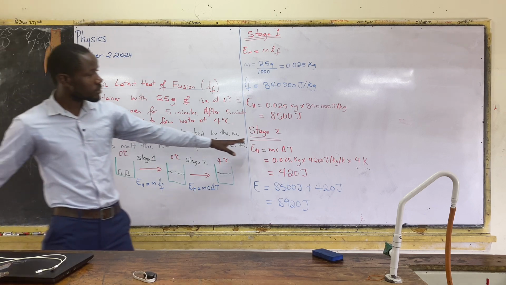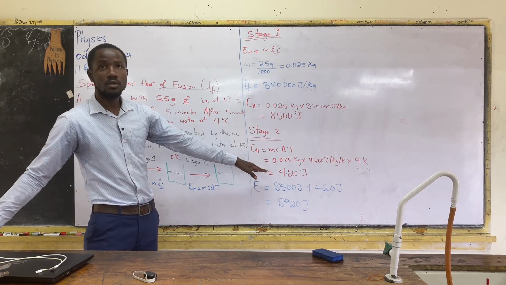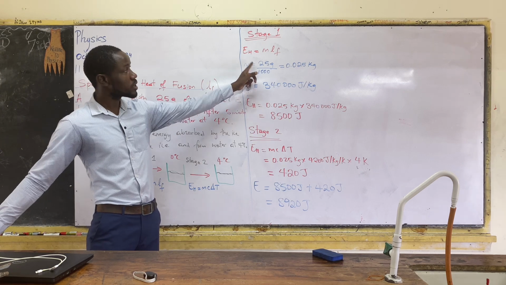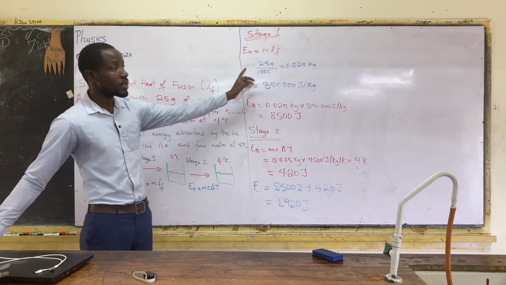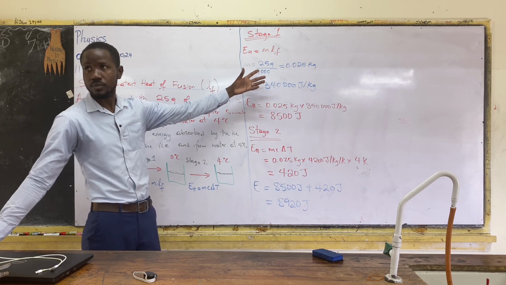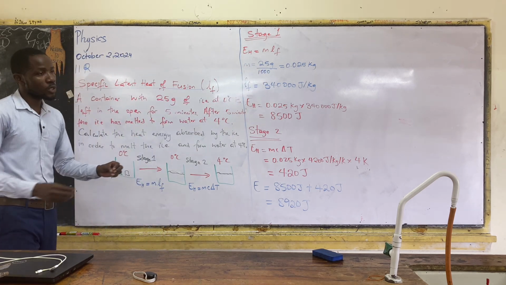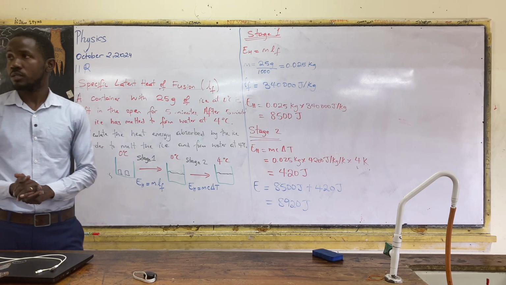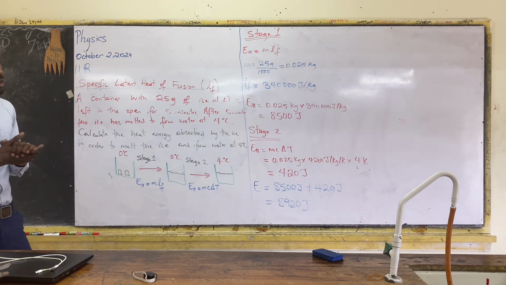We're still using MC delta T. We got introduced to the specific latent heat of fusion, and we associate it with energy. And we are now combining both of them to actually perform our calculations. So that's what we see.